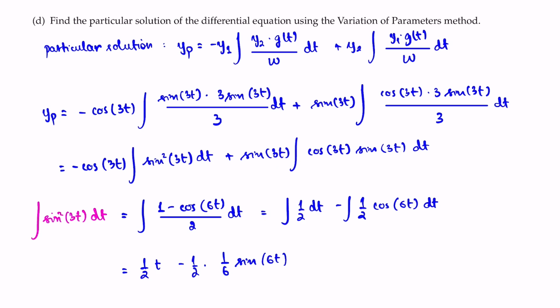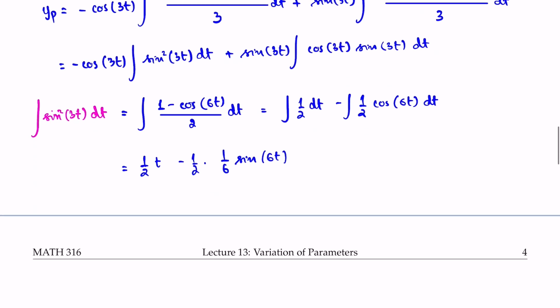So it's a bit redundant, and if you include the constants, the homogeneous solutions will come out again. That's why we don't need the plus c in this type of indefinite integral. So that is the first integral.